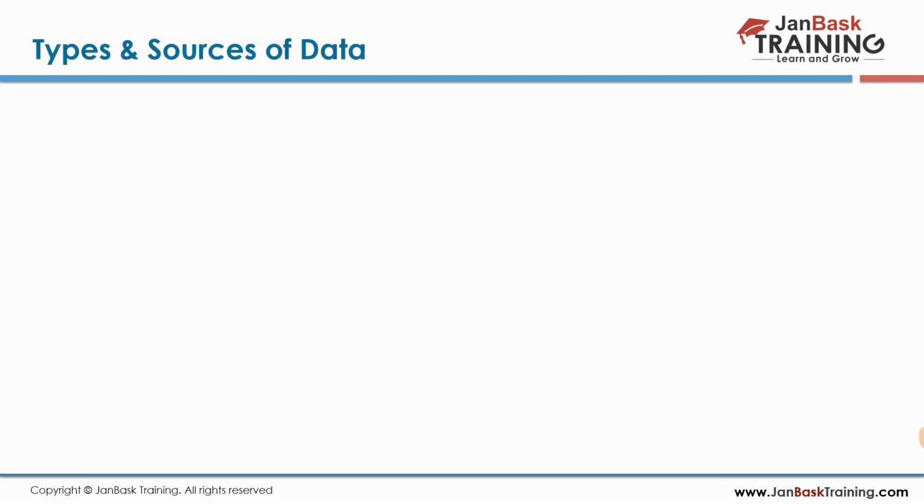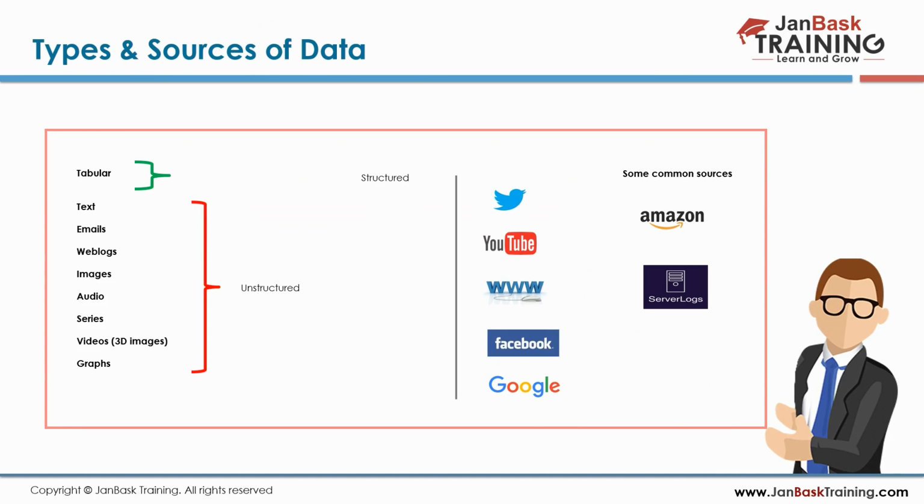Now moving to the data types, there are two: structured data and unstructured data. Structured is nothing but tabular data. Tabular means you are getting it from a server, that is an RDBMS relational database like MySQL, or any tabular form like Excel data. All is structured data.